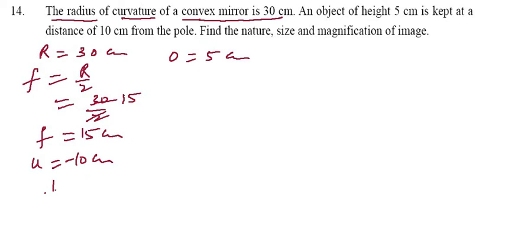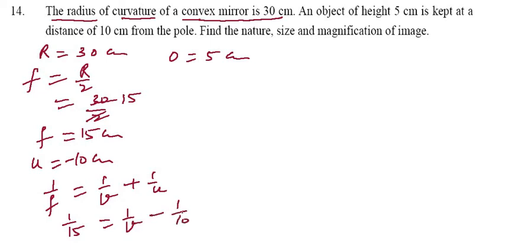So you can write here 1 upon F is equal to 1 upon V plus 1 upon U. Put the value, so F is 15, so you can write 1 upon 15, 1 upon V. We want to find V and it is minus 1 upon 10. So change the left hand side. So it becomes positive.